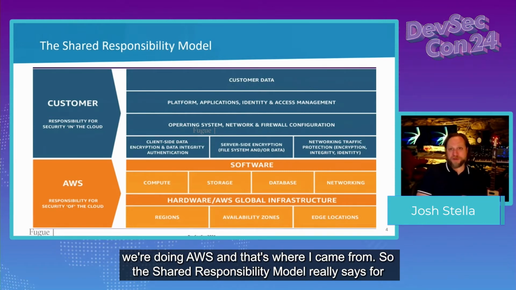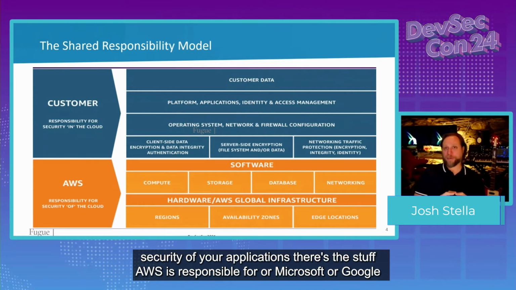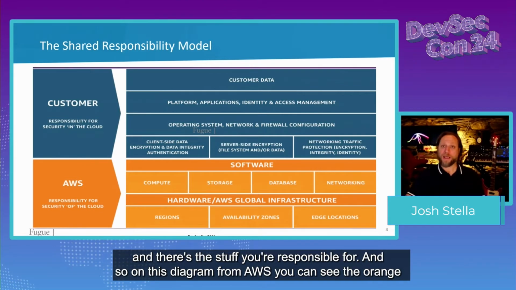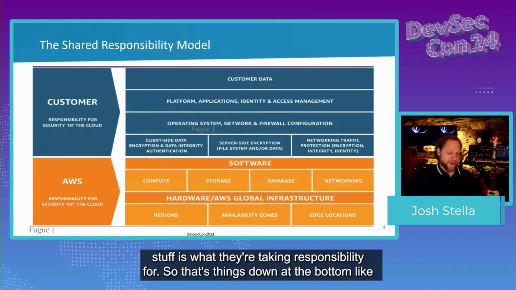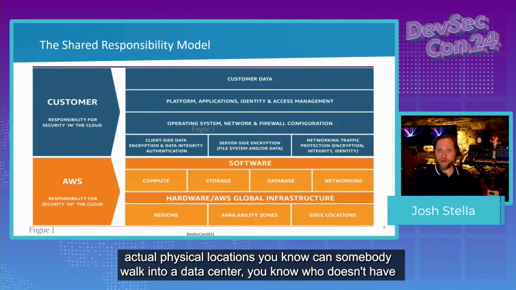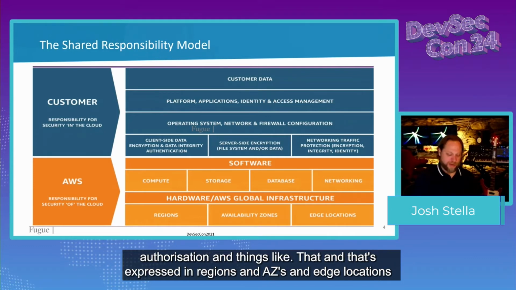So the shared responsibility model really says for security of your applications, there's the stuff AWS is responsible for, or Microsoft or Google, and there's the stuff you're responsible for. On this diagram from AWS, you can see the orange stuff is what they're taking responsibility for. That's things down at the bottom, like actual physical locations. Can somebody walk into a data center who doesn't have authorization and things like that?